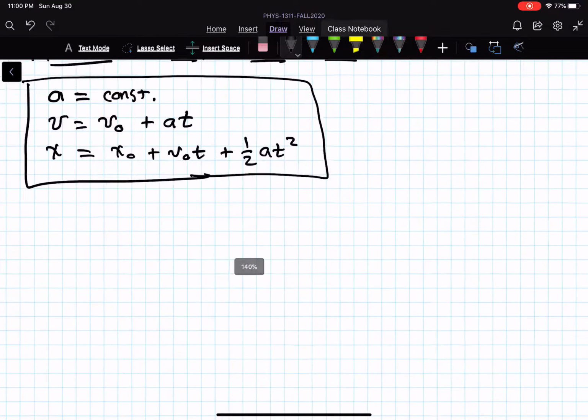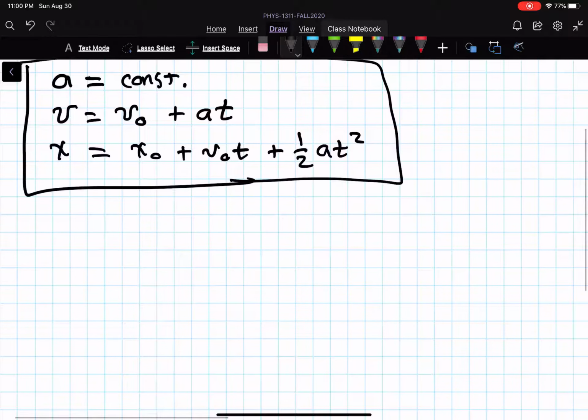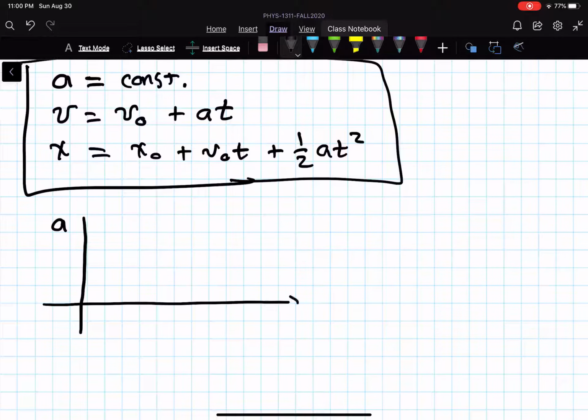So let's first imagine that we have the acceleration, and let's say that I plot this acceleration as a function of time. Okay, so I know that it's a constant. That's the situation that I'm talking about. So let's just sketch a constant here, and I'll just call its value A. And this is t on this axis. And let's just say that we'll pick some particular time that I'll call t.